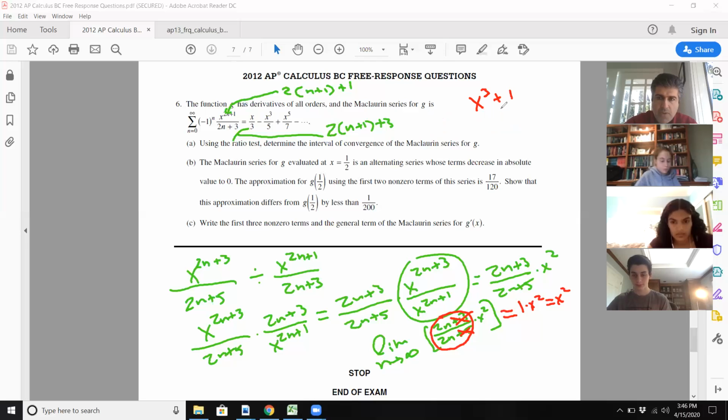Okay, so now what you're going to try to do is when you're doing the ratio test, in order for it to converge, you have to be less than 1.